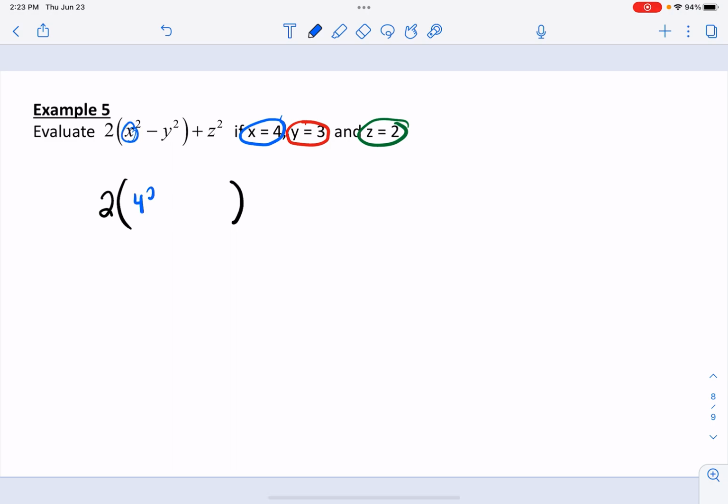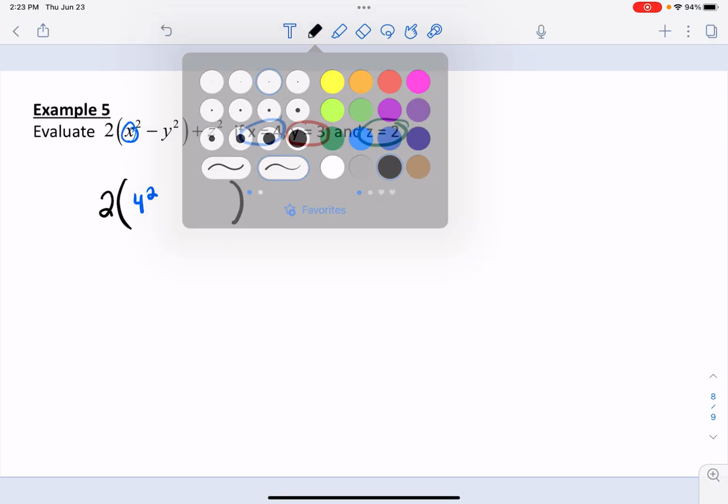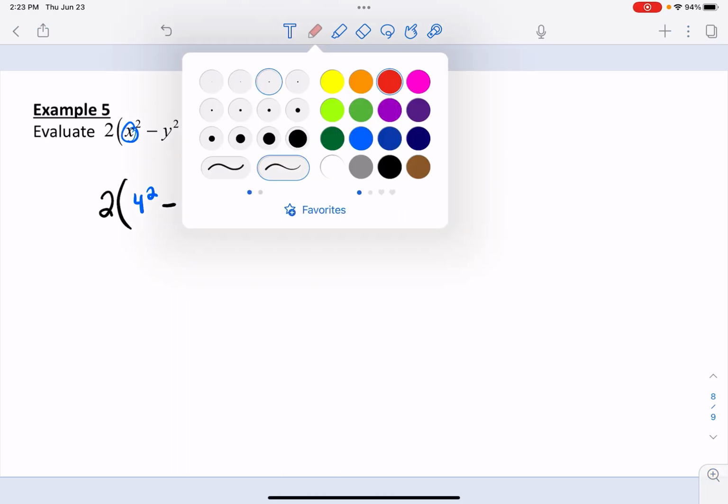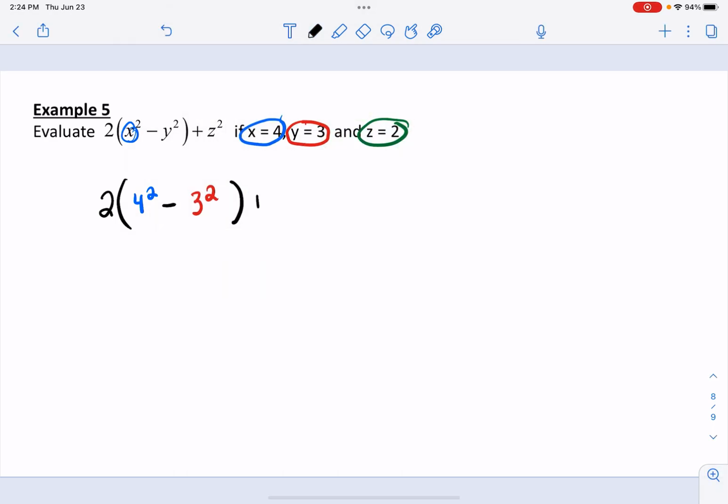So I have 4 squared minus, now I plug in 3 for the y. 3 squared plus, now I plug in 2 for the z.